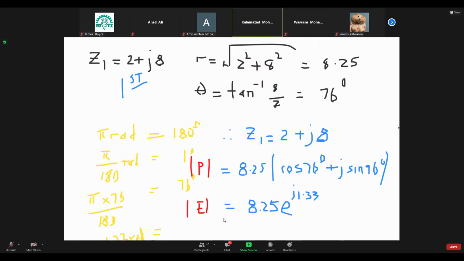So you get your 1.9, which is 2. And 8.25 multiplied by sine. You're going to get 8.01. All right, everybody understand it?